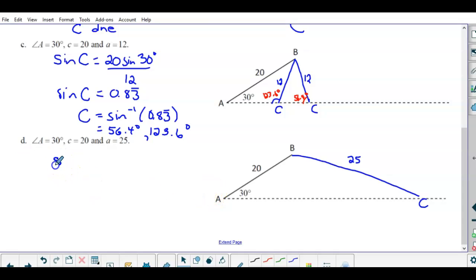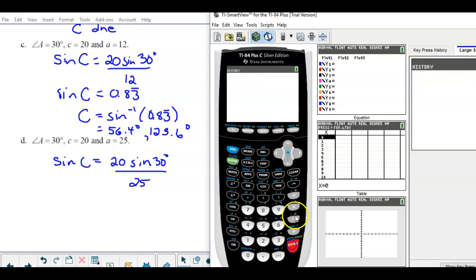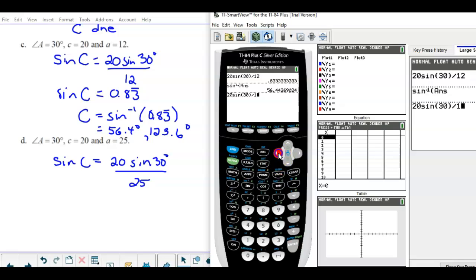So again, my sine of C will equal 20 sine of 30 over 25. If you want to copy it out, you can re-enter it. So that, and then I'm going to go back and just copy over the 12 with a 25.